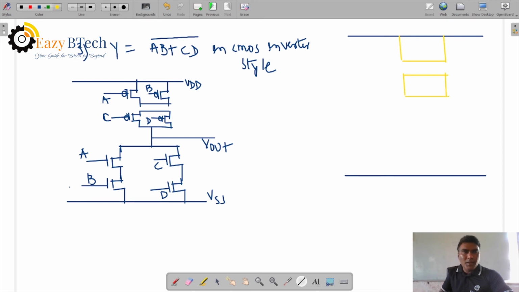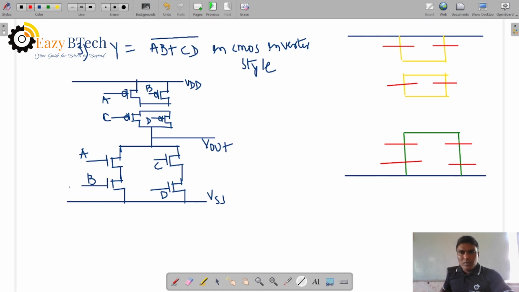We have the drain and source of A and B, and the drain and source of C and D diffusions. We can join these two because they are the same color, no problem. So here red over yellow for A and B in parallel, red over yellow for C, red over yellow for D. Now red over green for A, red over green for B, red over green for C, and red over green for D.